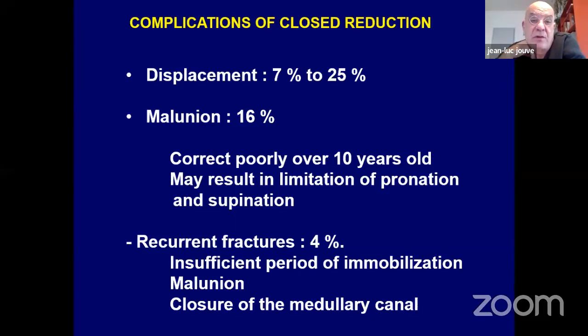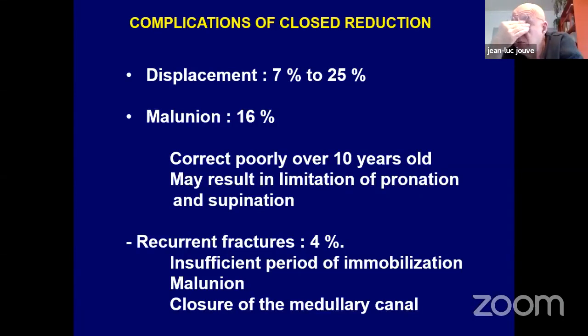You have 16% of malunion, and you have a poor correction of the defect of pronosupination, and remember that you don't have remodeling in case of a defect of pronosupination. You cannot expect a spontaneous correction. You obtain spontaneous correction in angle defects, but not in a defect of pronosupination.